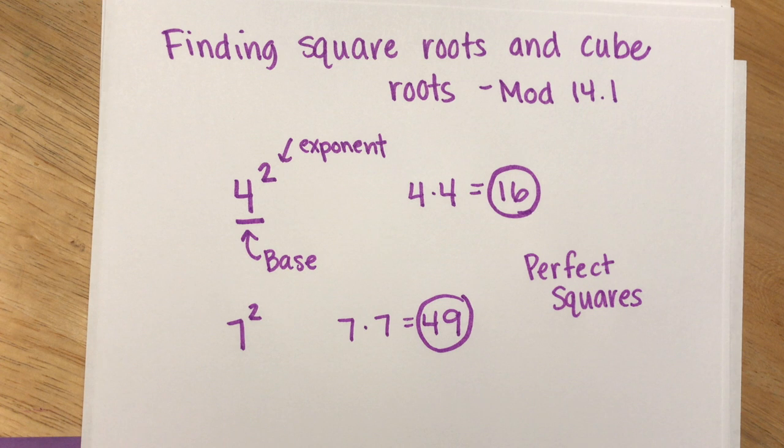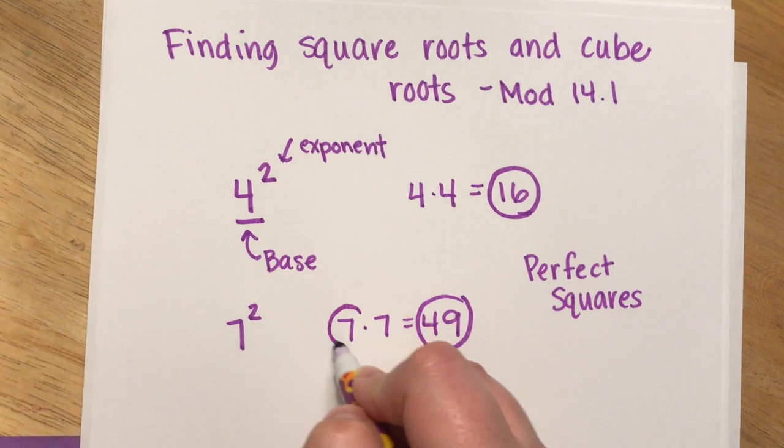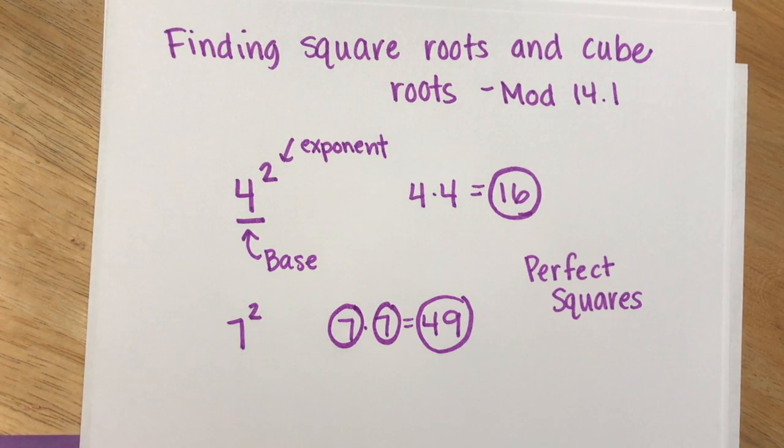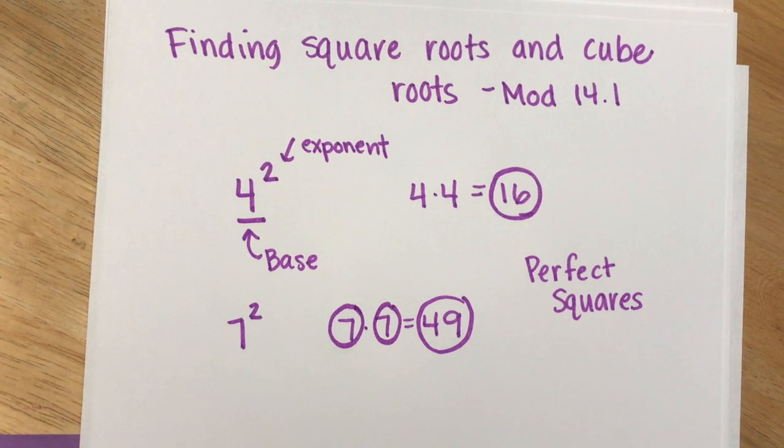They're just like whole numbers, but integers also include the negative numbers. They do not have decimals or fractions. So we just have 7 times 7, you get 49, and that's it. No decimals, no anything, okay? So they're considered perfect squares.